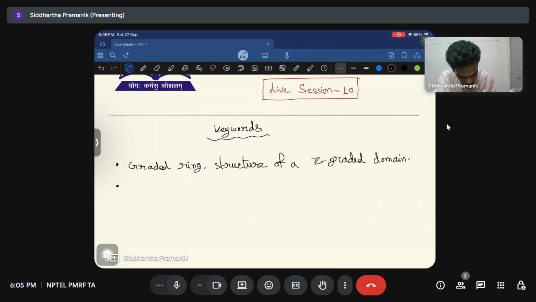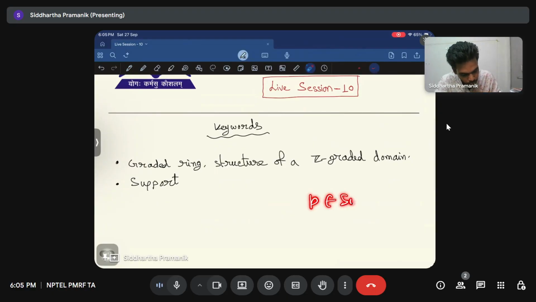So the support of a graded ring we have already seen. We have defined the largest homogeneous ideal inside an arbitrary ideal, and using that we have proved some results like if P is a prime ideal in the support of a module, then the P star, the largest homogeneous ideal inside P, will also be in the support.